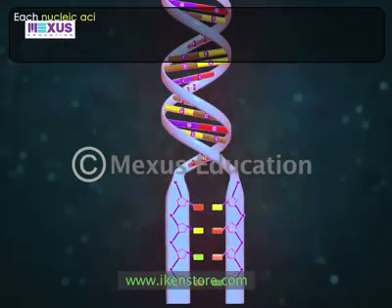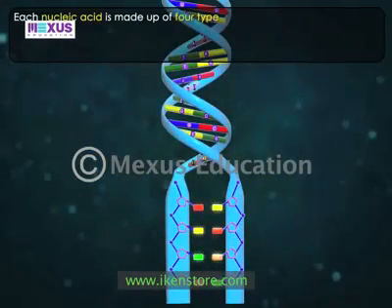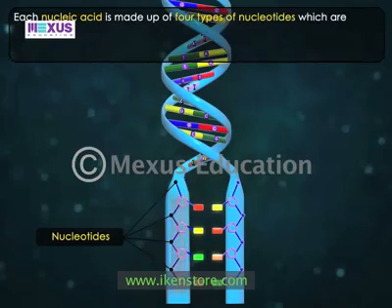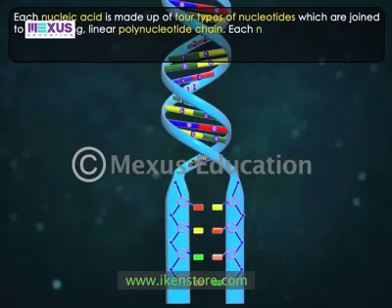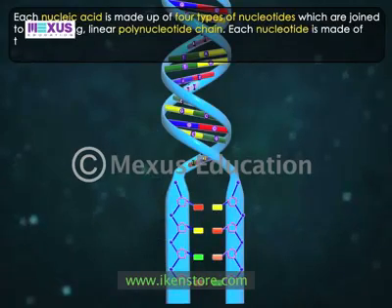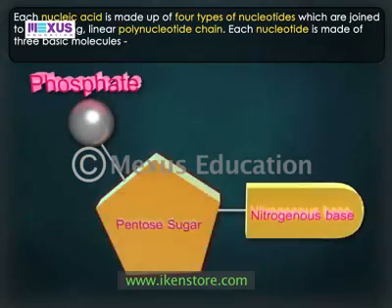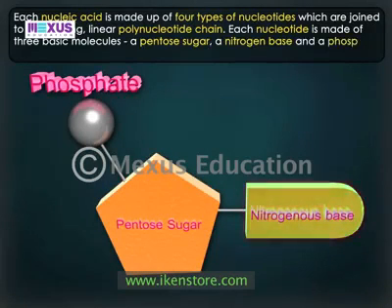Each nucleic acid is made up of 4 types of nucleotides, which are joined to form a long, linear polynucleotide chain. Each nucleotide is made of 3 basic molecules: a pentose sugar, a nitrogen base, and a phosphoric acid molecule.